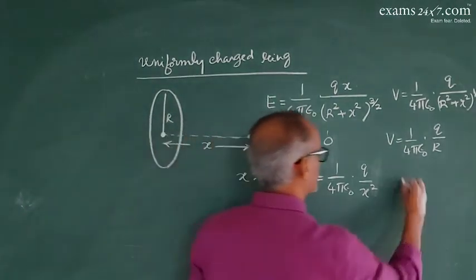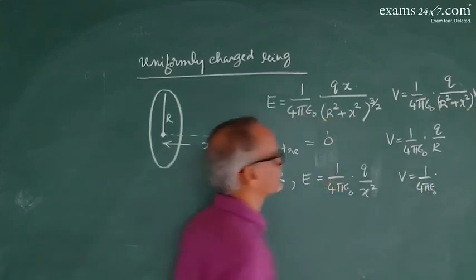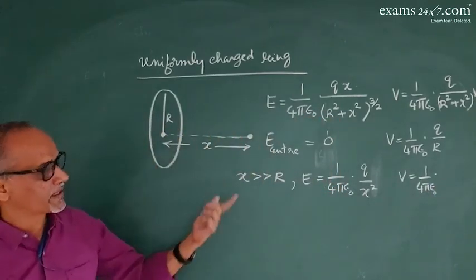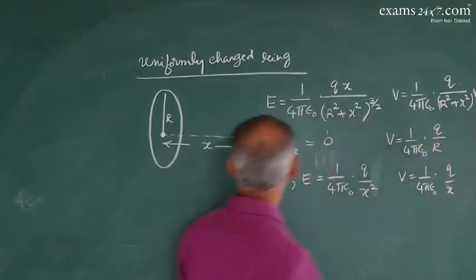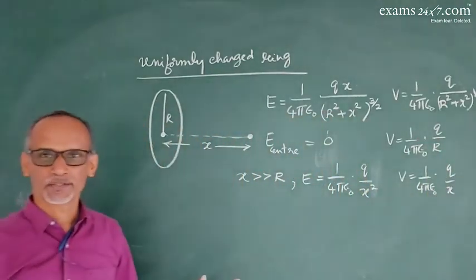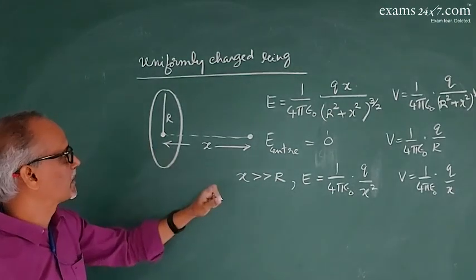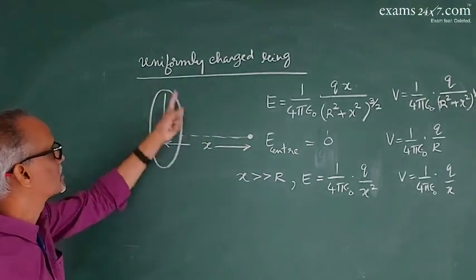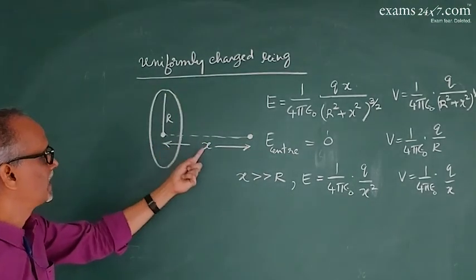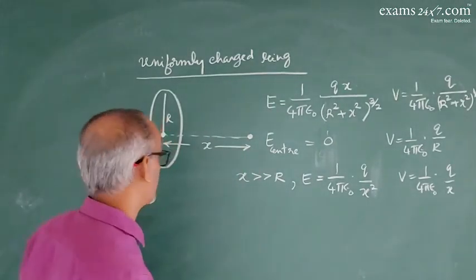And in the case of potential, we get V equal to 1 by 4 pi epsilon naught, neglecting R, x to the power half is... only x, so that we get Q by x. So these are the expressions for the electric field and electric potential at a point on the axis of a uniformly charged ring of radius R, where x is the distance of the point from the center of the ring.